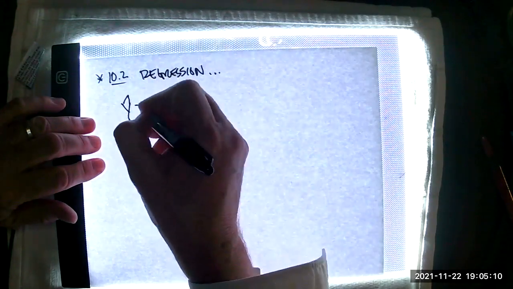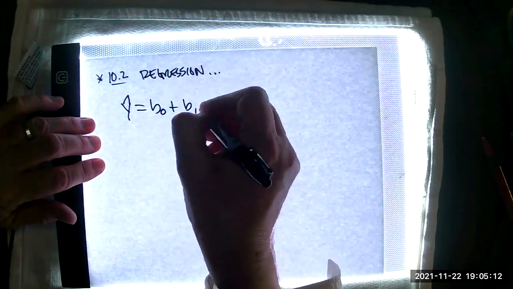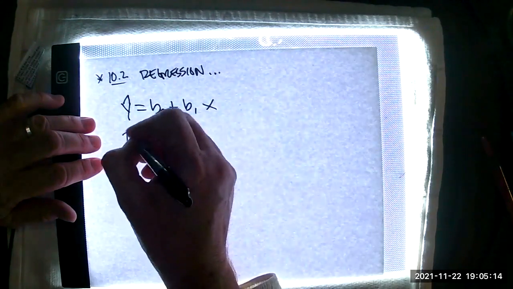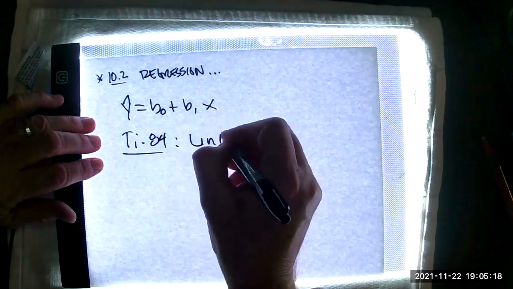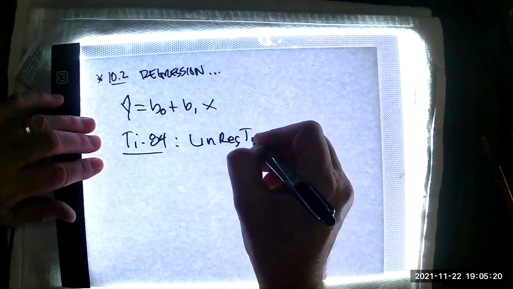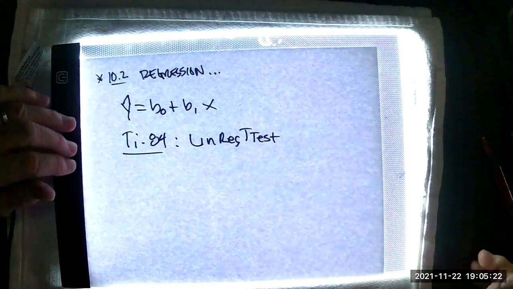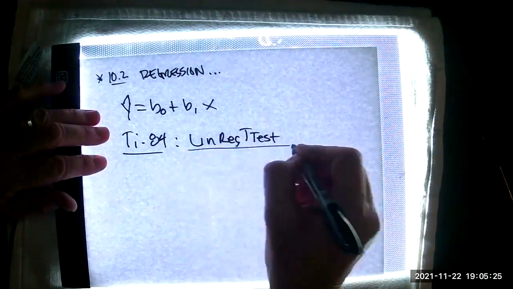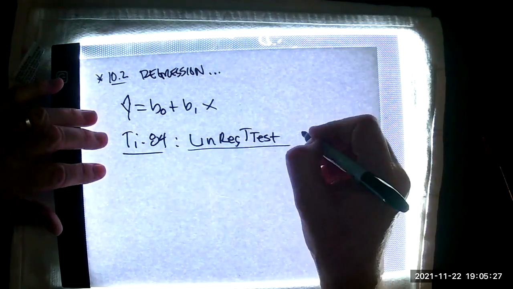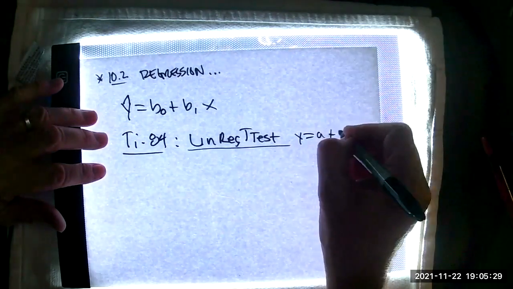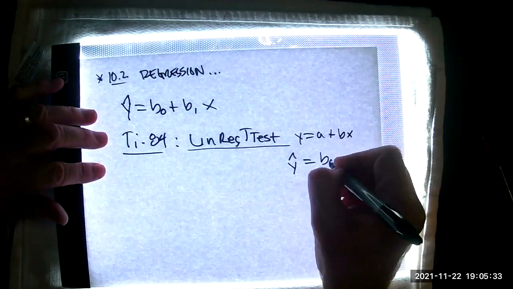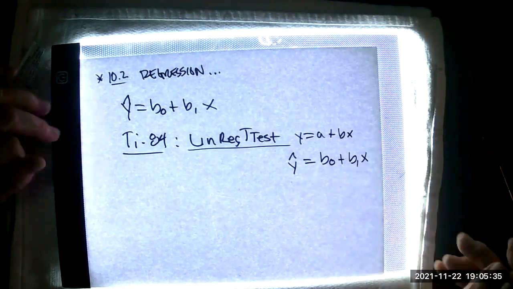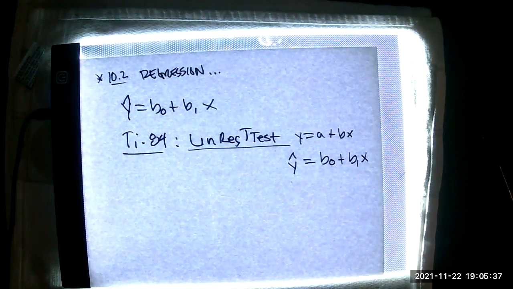So y hat equals b naught plus b1x on the TI-84. Linear regression t-test gives us, excuse me, y equals a plus bx, which matches up very nicely with the regression equation developed from our sample.